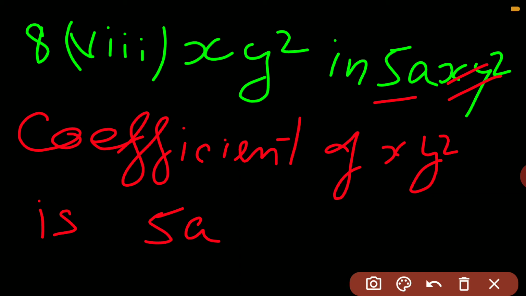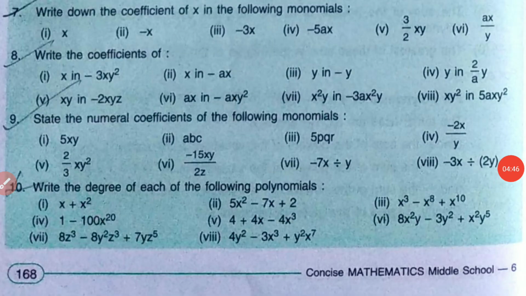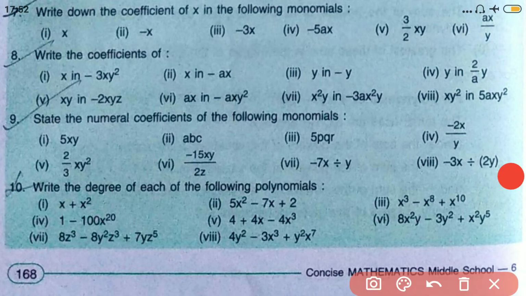Now let us go to question number 9, which reads: state the numerical coefficient, only the number part, of the following monomials. What is the numerical coefficient of 5xy? That is the only number 5, right?